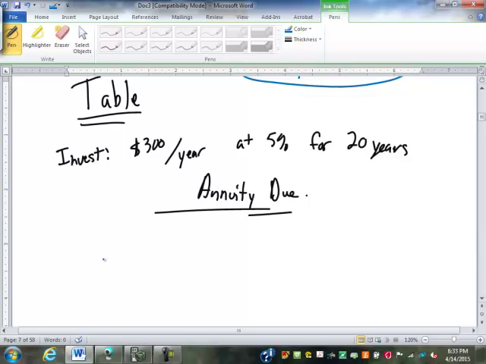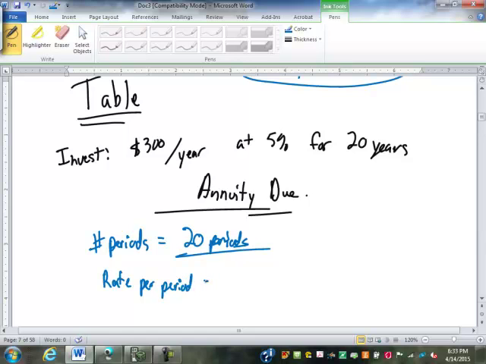So on the table, how many periods? 20. 1 a year. Rate per period? Well, this is per year, it's just a 5%, right? So we're looking at 20 and 5%. Let's go to the next page.